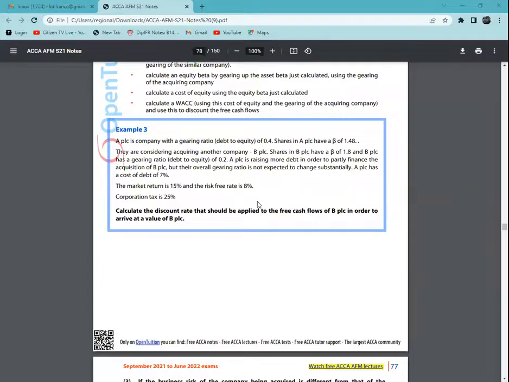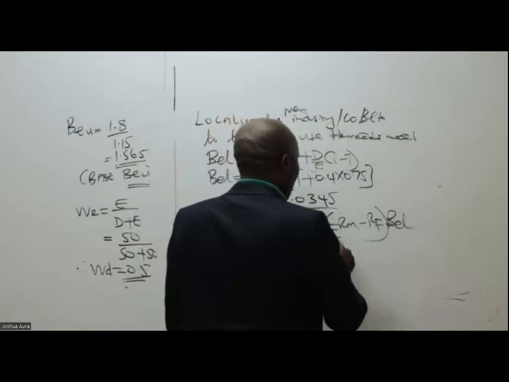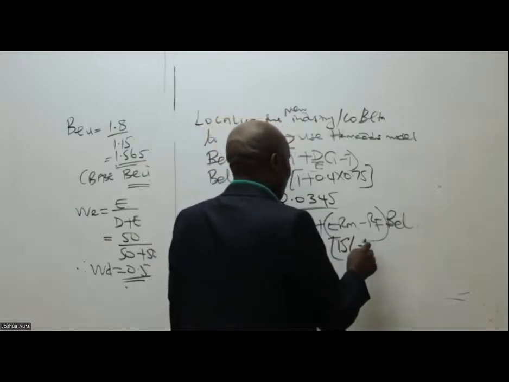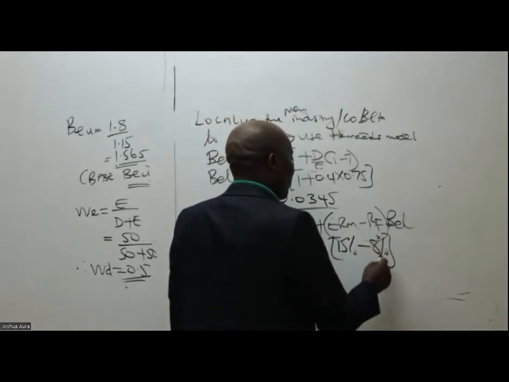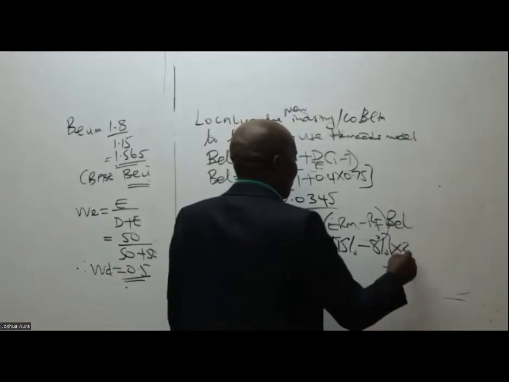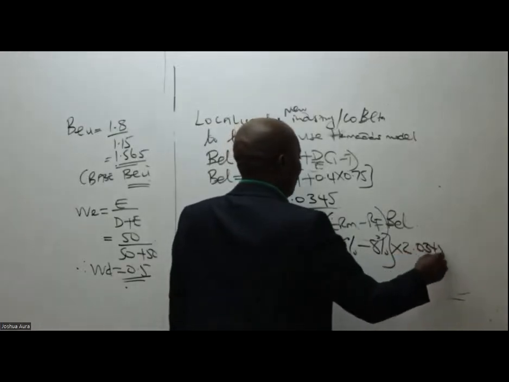Thank you so much. Plus, are you able to see the expected return of the market? Yes, market return here is 15%. So market return 15% minus risk-free 8%, multiplied by the beta that we got up here, which is 2.0345, like that.